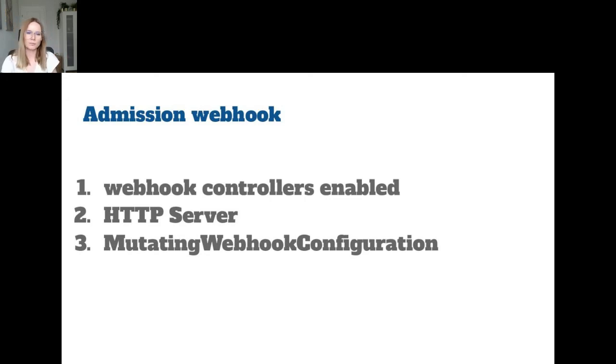And to use admission webhook, you will need to create mutating webhook configuration in the API. This mutating webhook configuration is created when you install tailing sidecar operator with Helm.